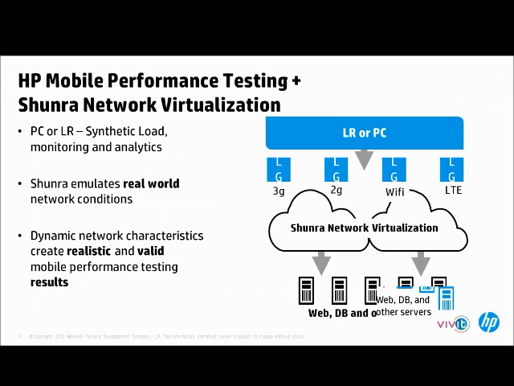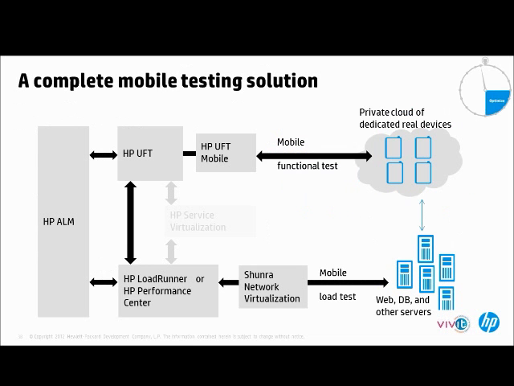We can install the network virtualization software on the load generators where the virtual users are running, and designate various load generators to simulate various network conditions, like a 3G network, a 2G network or an LTE network. Once we know exactly how the users are going to get the response time under load, we have a true picture of the performance of the application in the real world.